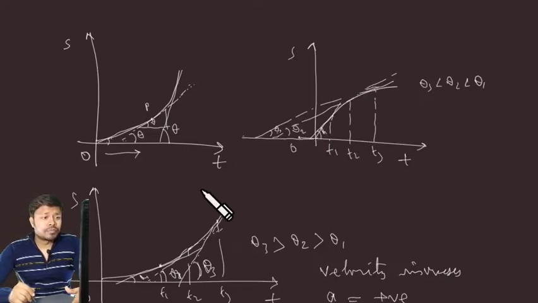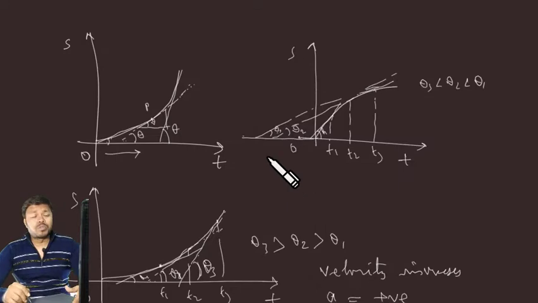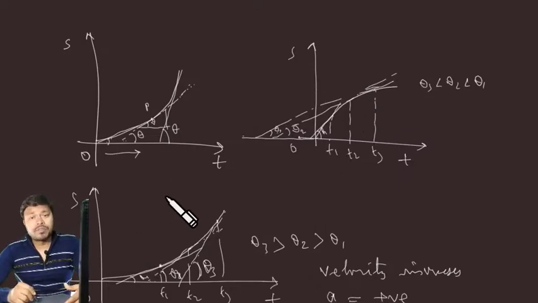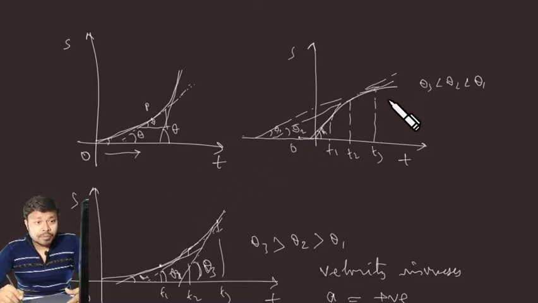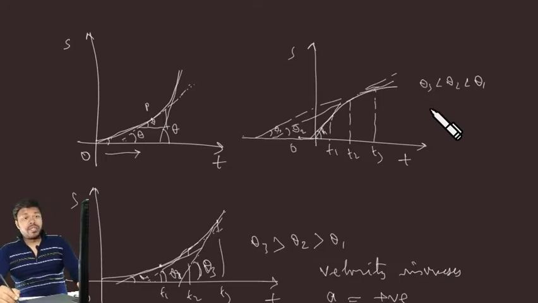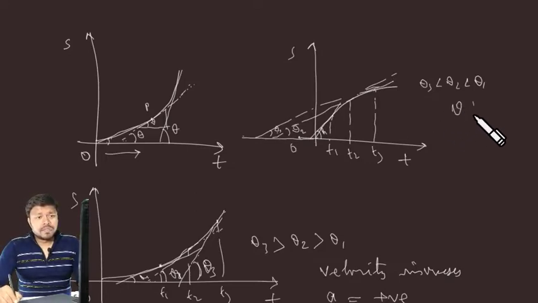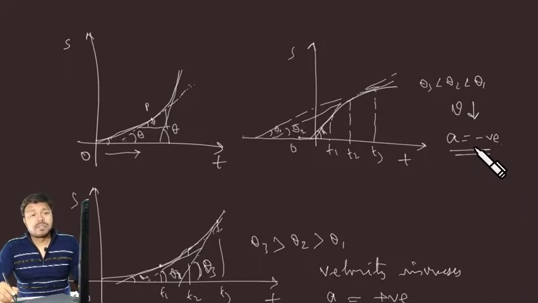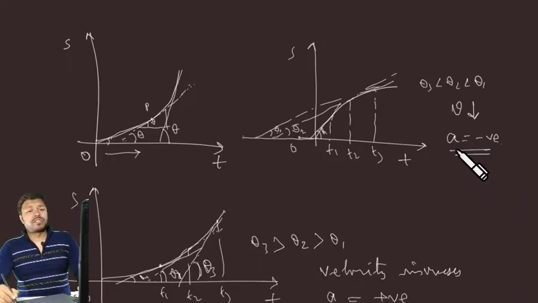Both the motions of the body are non-uniform motion. But for the first case, our velocity was increasing. From the slope of that graph it was clear. From the slope of this graph we see that the angle is decreasing, so the velocity is actually decreasing. Velocity decreasing means the acceleration is negative. In this case, the acceleration is negative, or we can also say the body is decelerating. So retardation is happening.